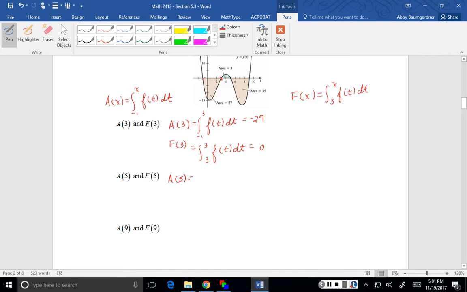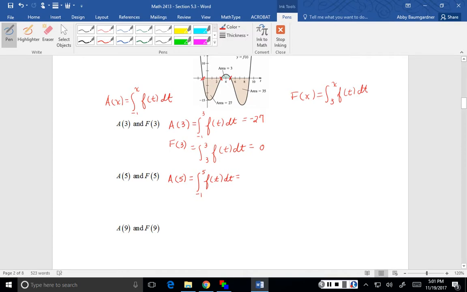A of 5 rather, says you're going to start at -1 and end at 5. Alright, well, if you start at -1 and you end at 5, you actually have two areas that they've shaded in that we need to look at.